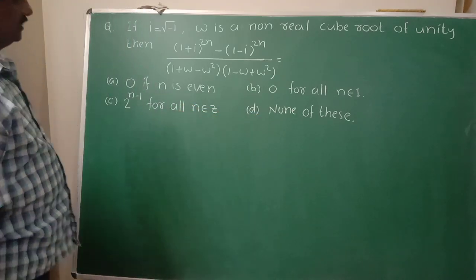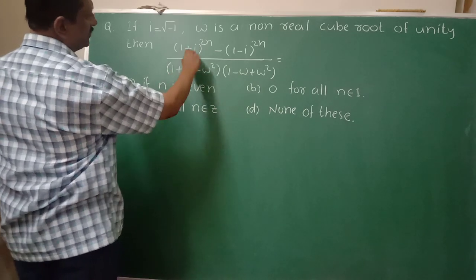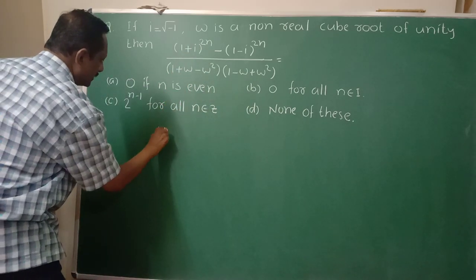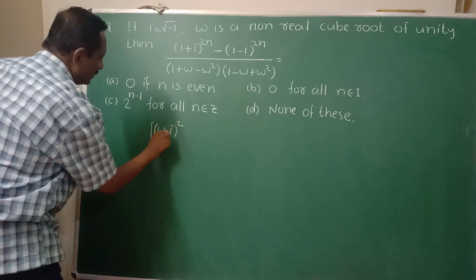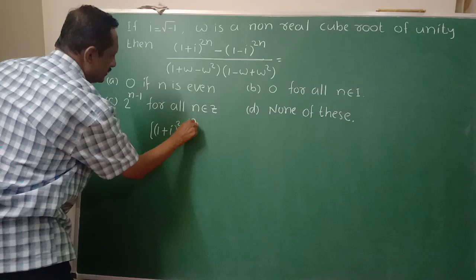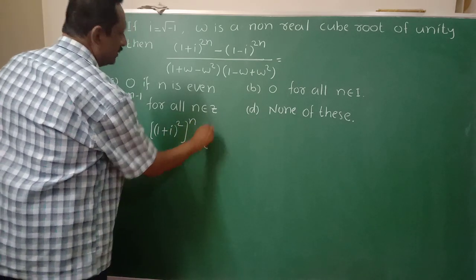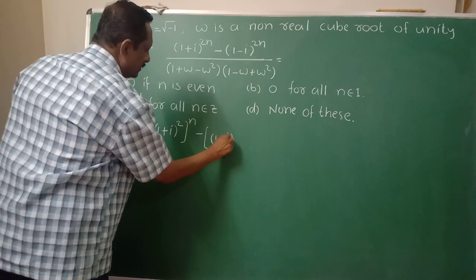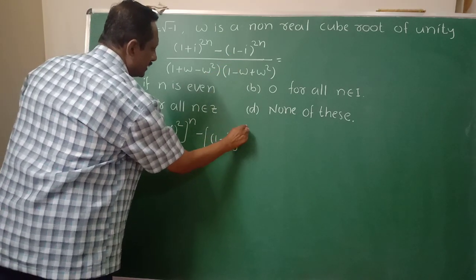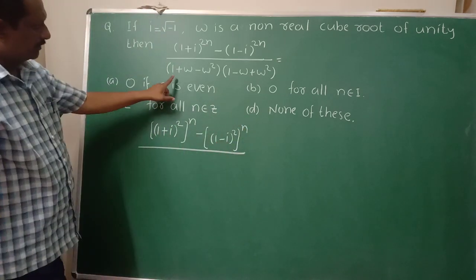Okay, here (1 plus i) whole raised to 2n is here. So write this one as (1 plus i) squared, raised to n, using laws of indices. Then minus, and write this one as (1 minus i) whole squared, raised to n, divided by 1 plus omega.